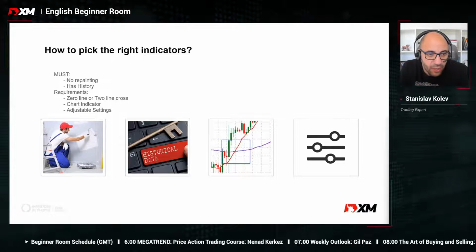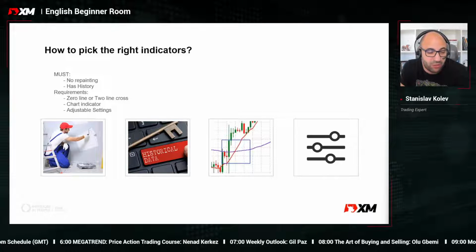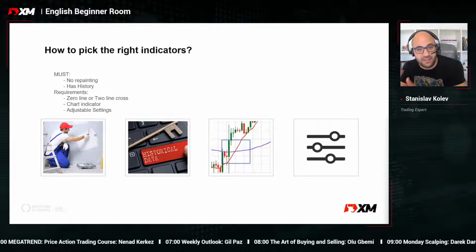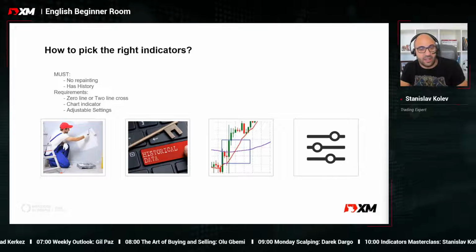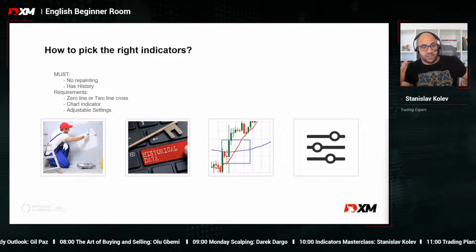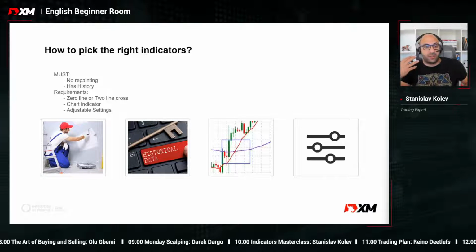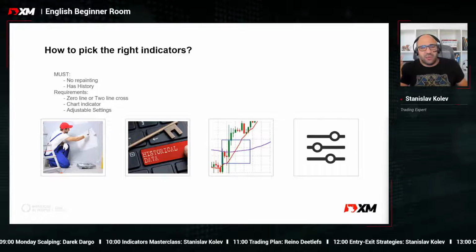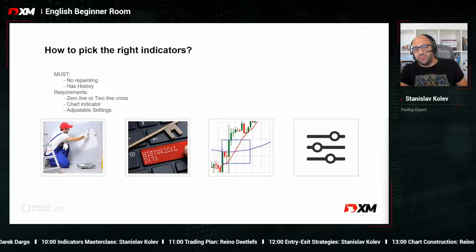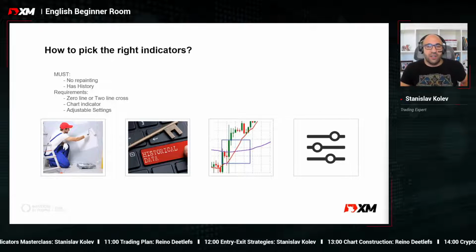So it is a must for me to be no repainting, and the indicator that I'm going to present is a no repainting indicator. Another thing that is a must for me is that it has a history. Why? You're going to say, why is it so important for you to have historical data?